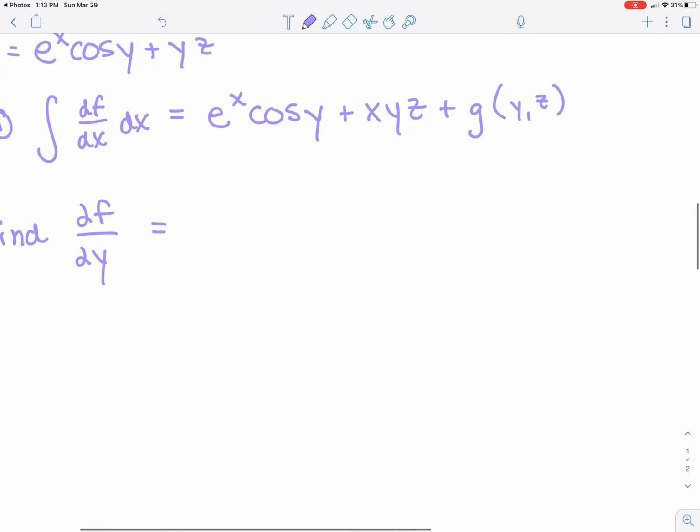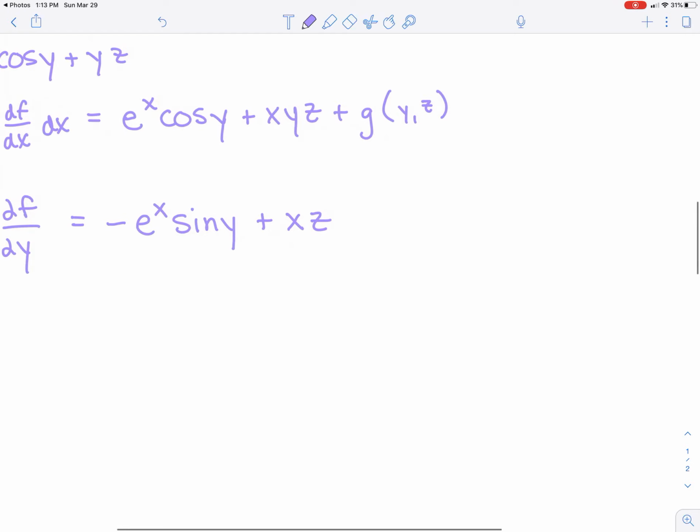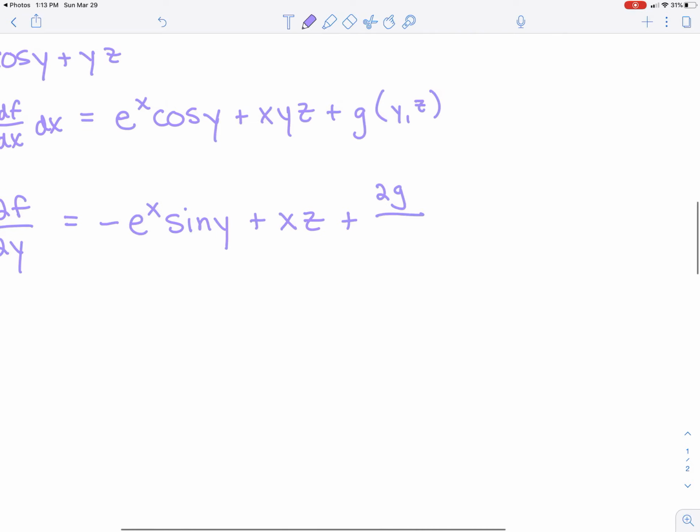In this case, it would be negative e to the x sine y plus xz plus the derivative of this g function with respect to y.